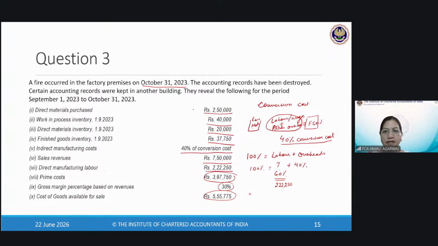We have used direct material purchased. We have put the values of opening WIP, opening finished goods, and opening direct material. Indirect manufacturing expense, we will use it. Sales revenue, direct labor, prime cost, we have put in the cost sheet. And because of sales revenue minus 30%, it gives us cost of goods sold and cost of goods available for sale.